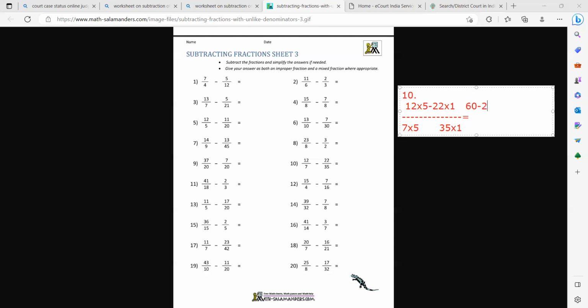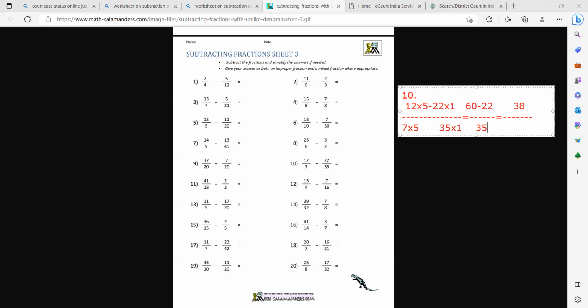60 minus 22. And LCM will be 35. So 0 minus 2 is, obviously it will be 8. Then 6 minus 2 is 3, because we have taken 1 from 6 to make this 10. So 10 minus 2 is 8. And we have taken 1 from 6, so 6 will become 5. 5 minus 2 will be 3.